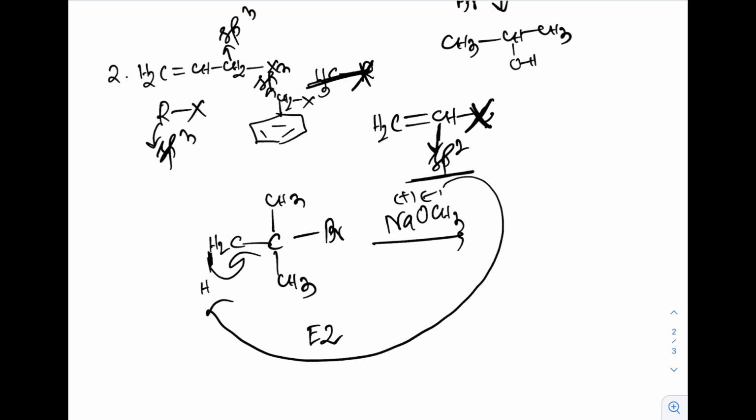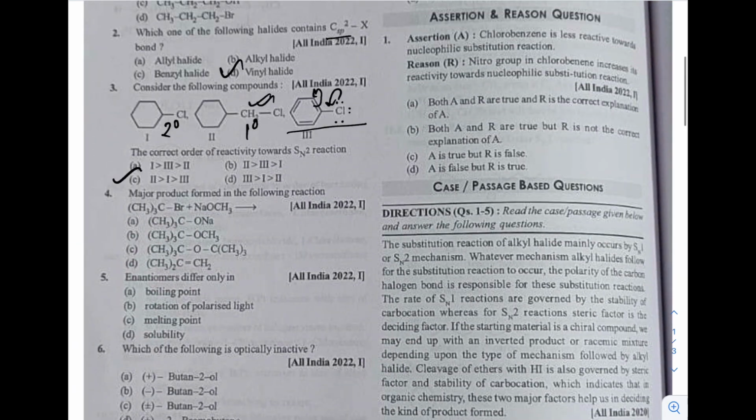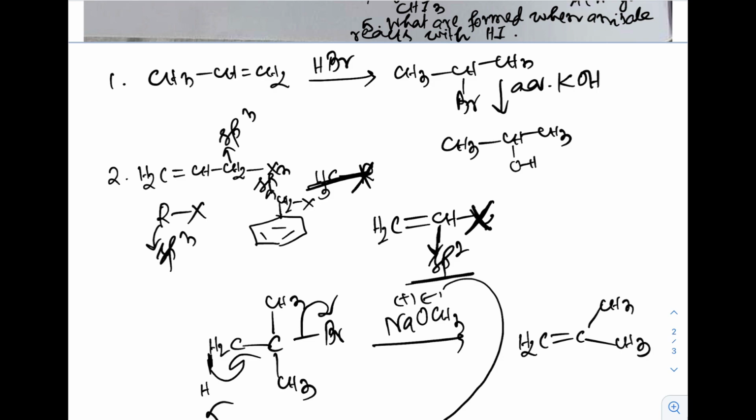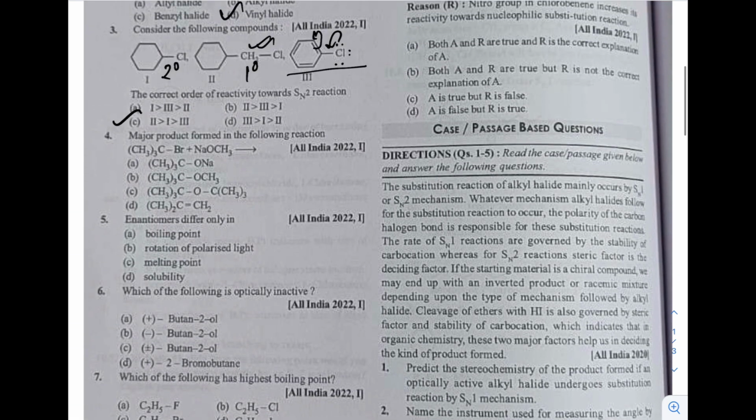E2 mechanism, this O minus abstracts this proton, this sigma bond shifts over here, and Br being a good leaving group is left. So this product will be formed. Means alkene will be formed. So option D is the correct answer.